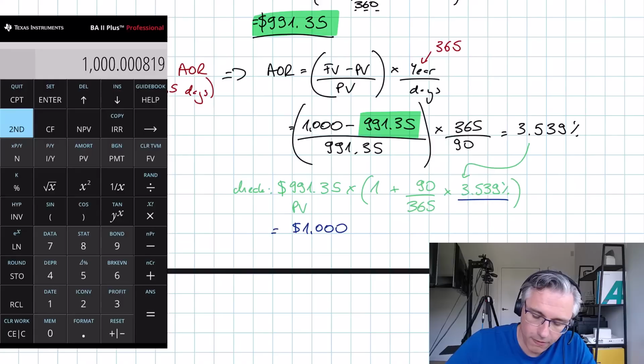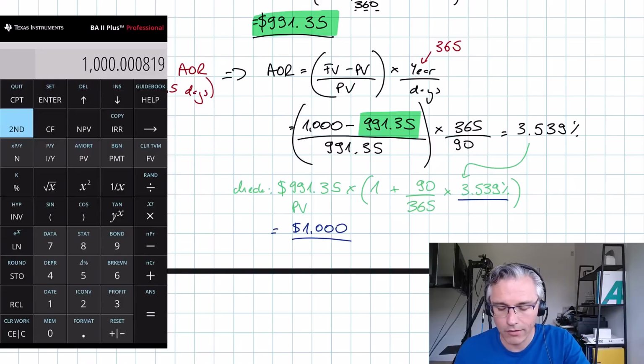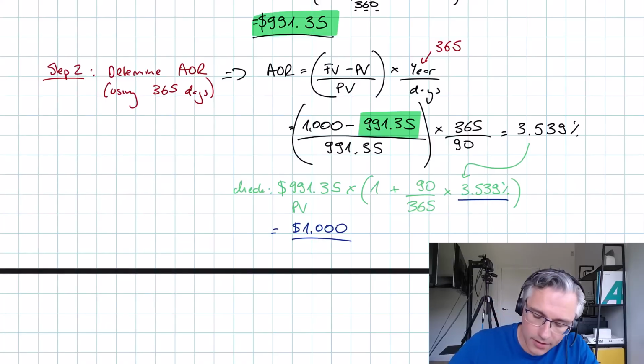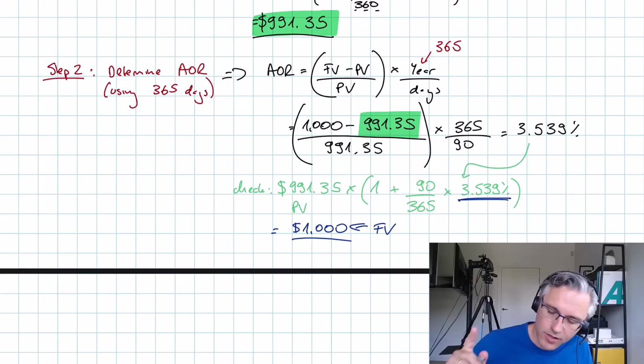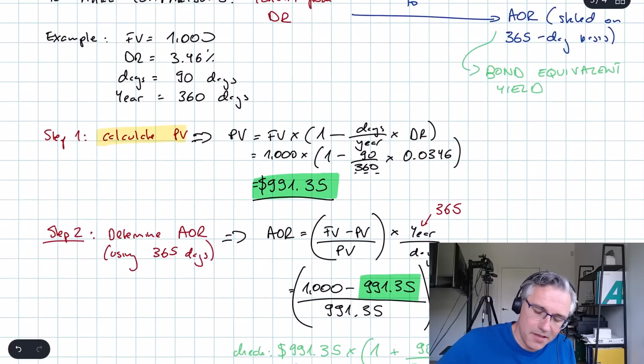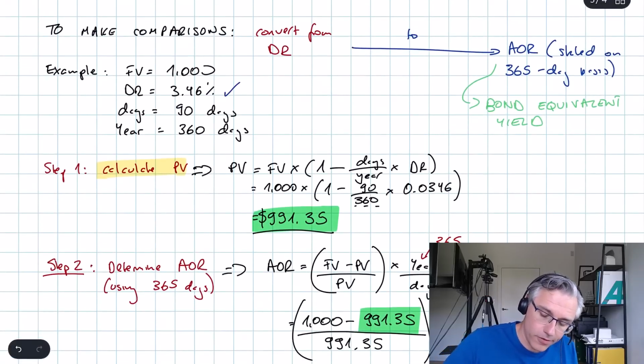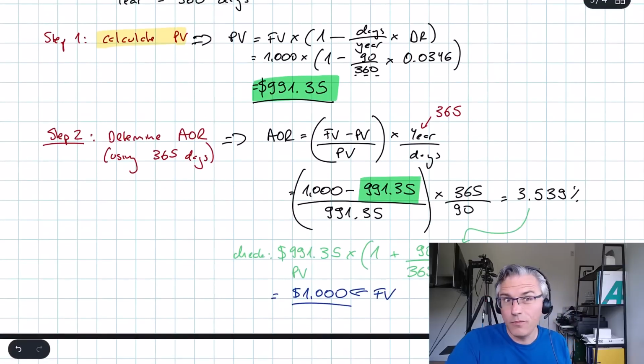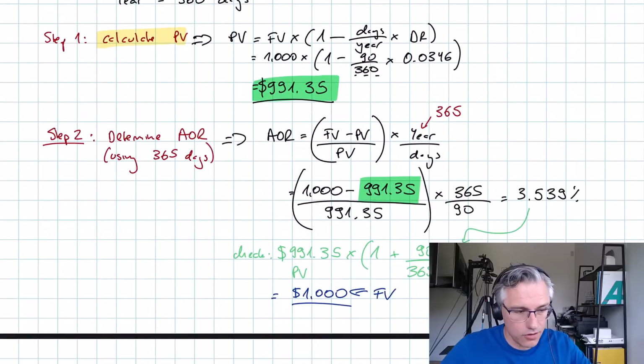I guess the difference comes from rounding. This was a check. You get the true FV by using this AOR. So this AOR is our 365-day equivalent to a discount rate of 3.46. Okay, you need to be able to do that conversion potentially in the exam.